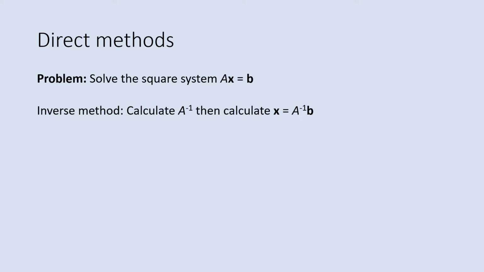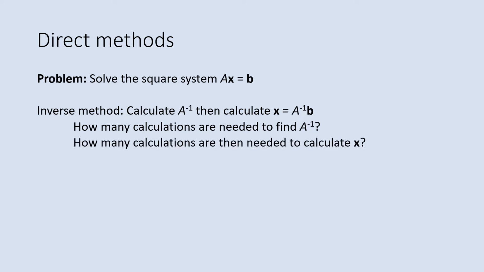And so in that case, then X would be A inverse times B. We've discussed on previous lectures about how many calculations are needed to find A inverse, and then how many calculations are necessary to do the matrix times the vector multiplication. So that's a two-step process: calculate A inverse and then multiply A inverse by the vector B.